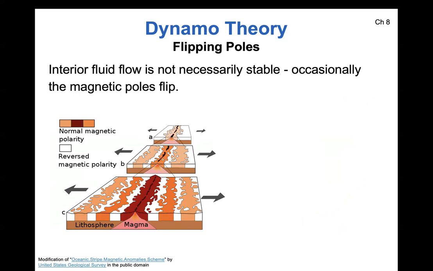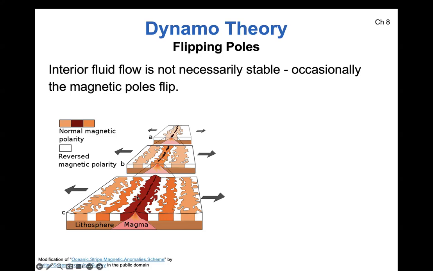I think it's 50,000 years, which is quite frequent given all these different time scales. But anyway, every 50,000 years there is a flip in the magnetic field. And it's clearly indicated by the lava that cools on the ocean floor at those mid oceanic ridges, right?